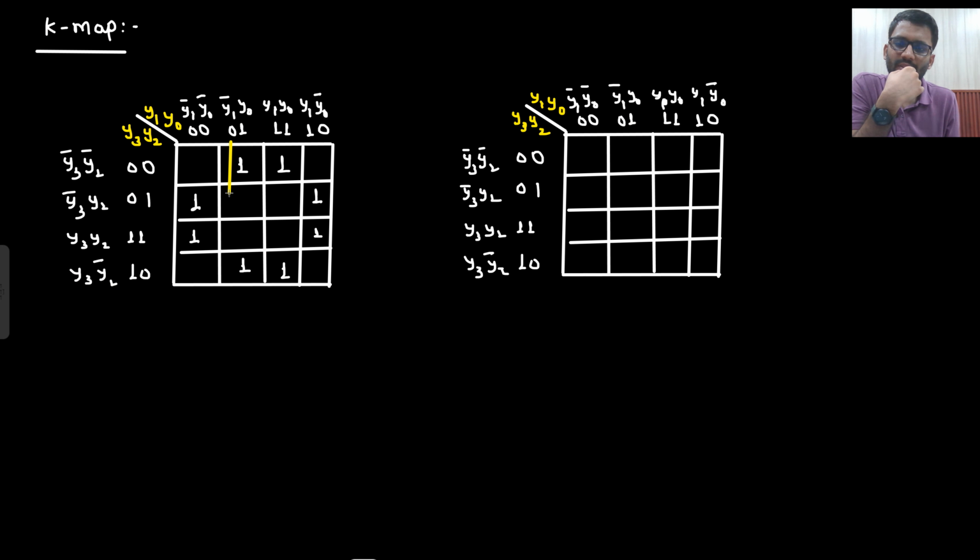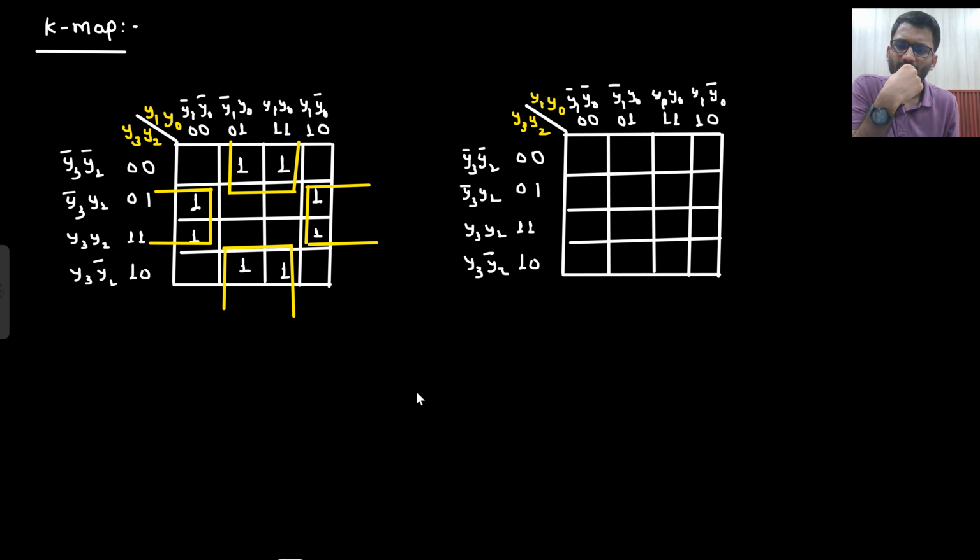So what about this? This is a chord I can make, and this is the chord I can make. So I can make 2 chords.